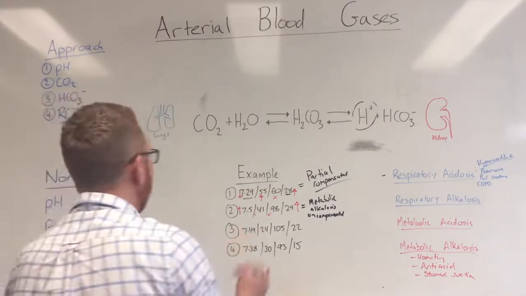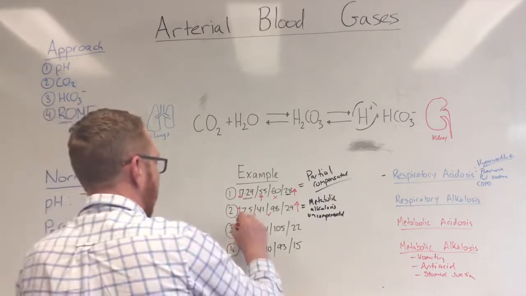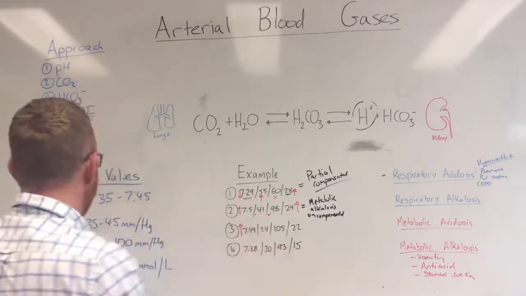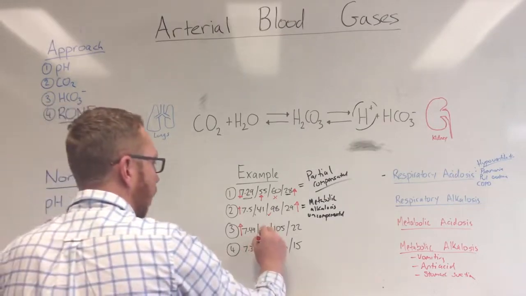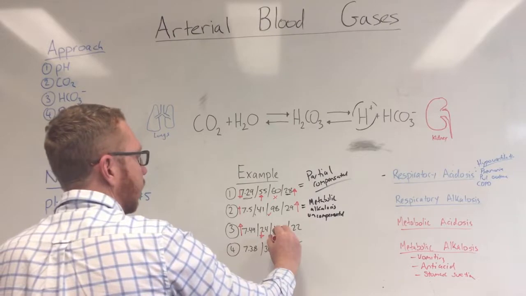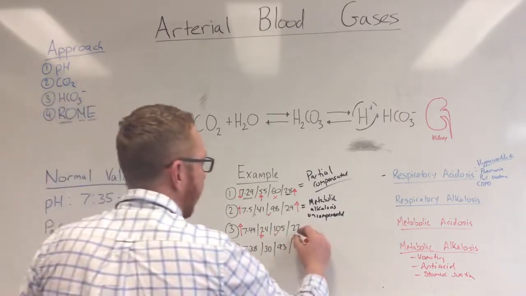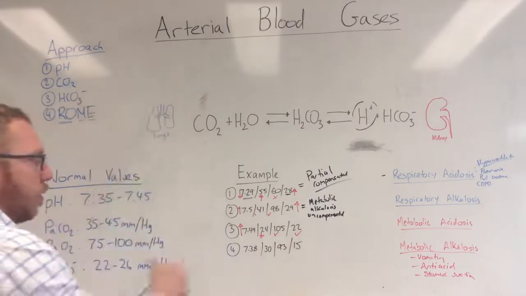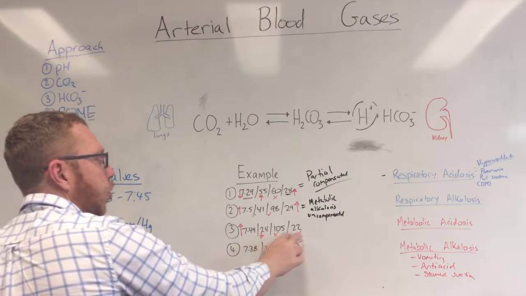So we've got 7.49. Okay, so that's again high. Okay, 24, that should be 35 at the lower margin, so that's low. 105, so that's actually high, but it's good. And 22, which is okay. So we know the person's got alkalosis. The CO2 is going down, the other two are normal.